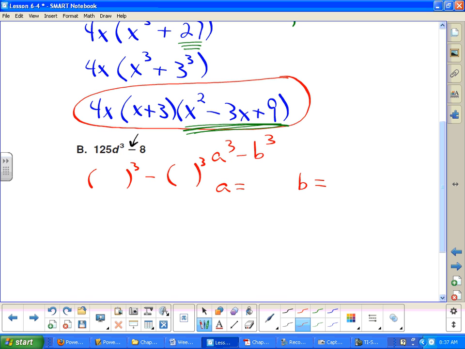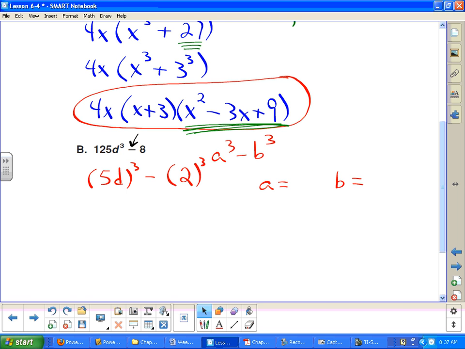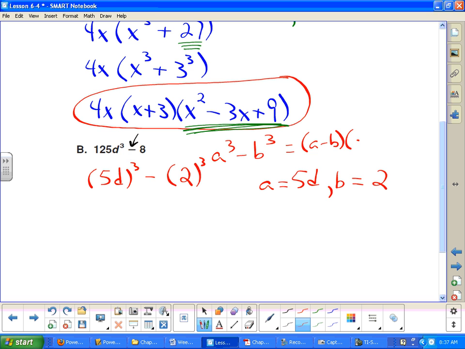So 5d is cubed here, and 2 is cubed there, which would mean that our values of a and b are 5d and 2. So then we just need to plug them into the difference of two cubes formula.